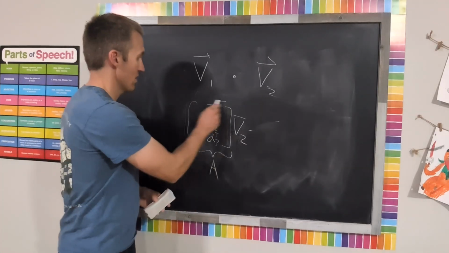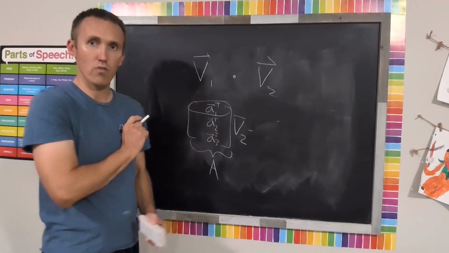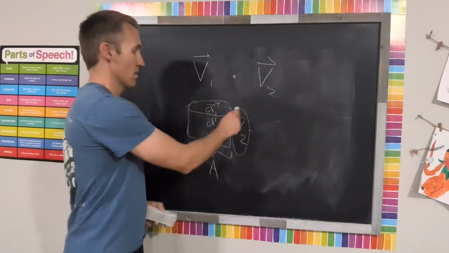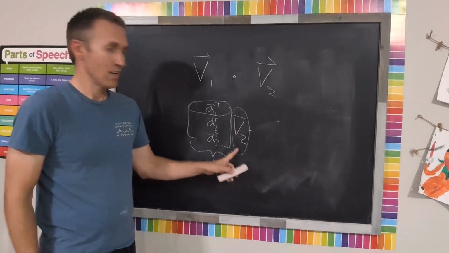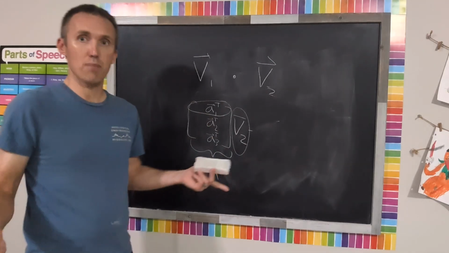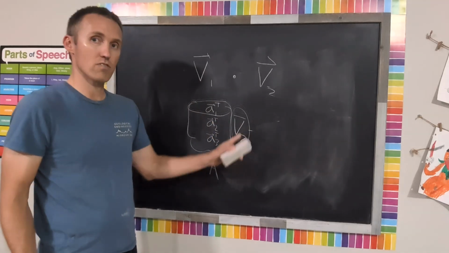And then this is just a row vector. So I can take this row vector and multiply it by this column vector. This is just a normal vector. And that is a dot product between the first row of the matrix A and the vector V, V2 in this case.